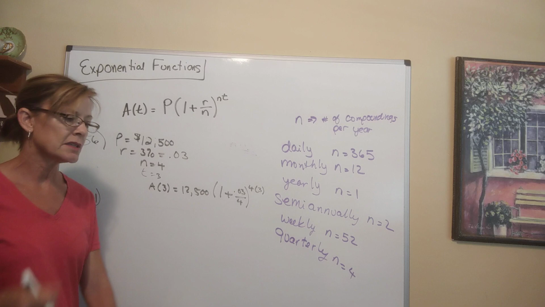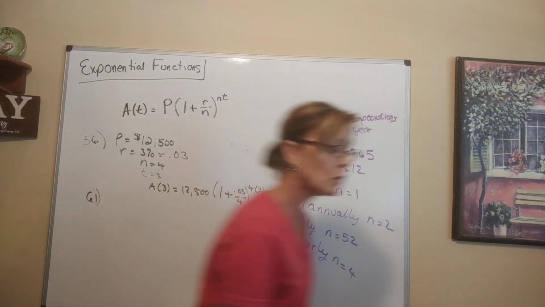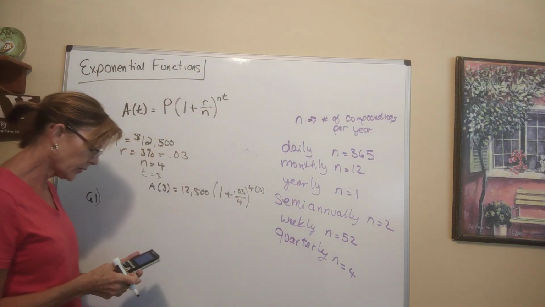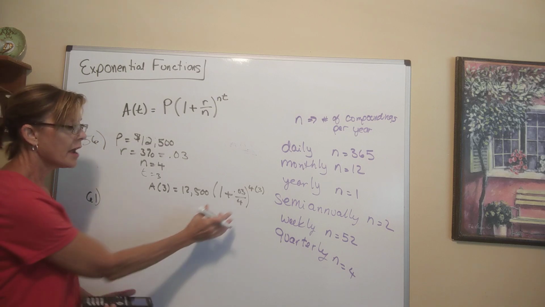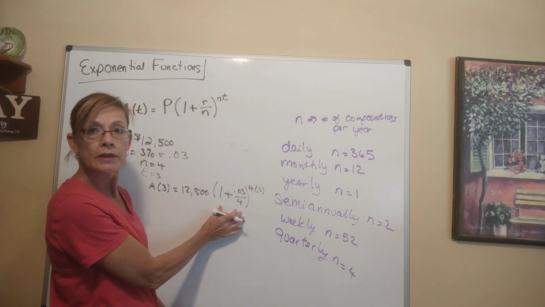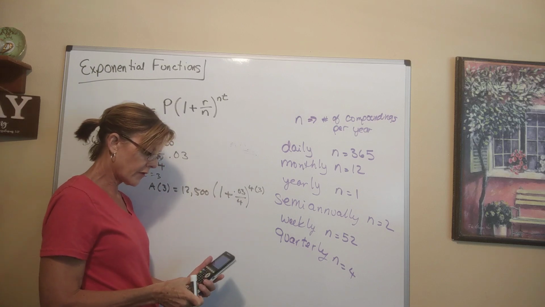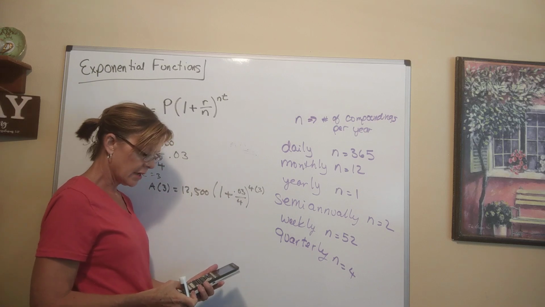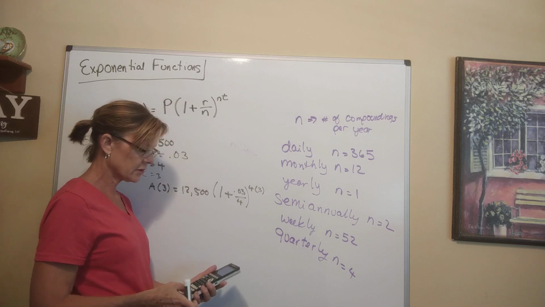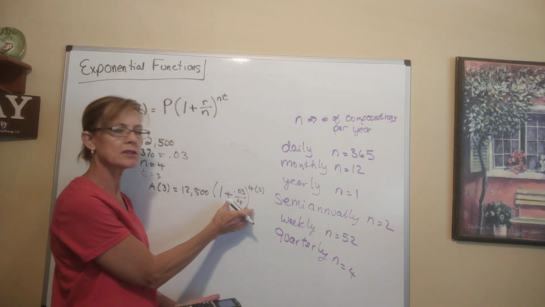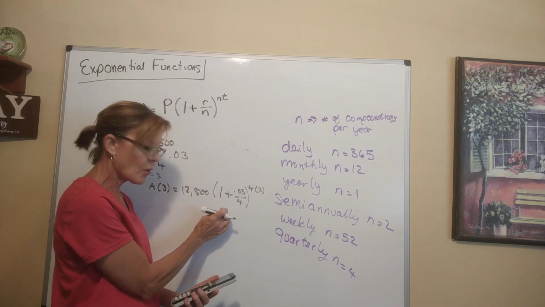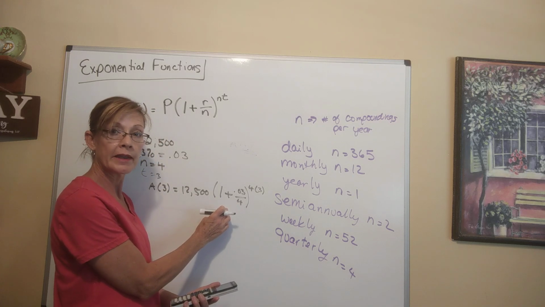We will round to 2 places because it's money. So real quickly, on your calculator, I always start with order of operations. I start with the innermost parentheses. So I'm going to start with 0.03 divided by 4, and I hit enter. Then I say plus 1 and hit enter, and every time I hit enter it calculates to one value. Now I have 1.0075 in my calculator.